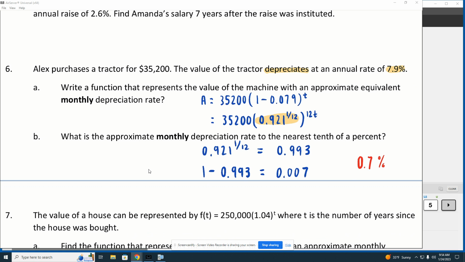That's a good question. Because if its annual percentage is 7.9%, there's 12 months, why can't I just do 7.9 divided by 12? Well, when it comes to exponents, it's just not how it works. So you have to raise that value to the 1/12, and that's how you get it.